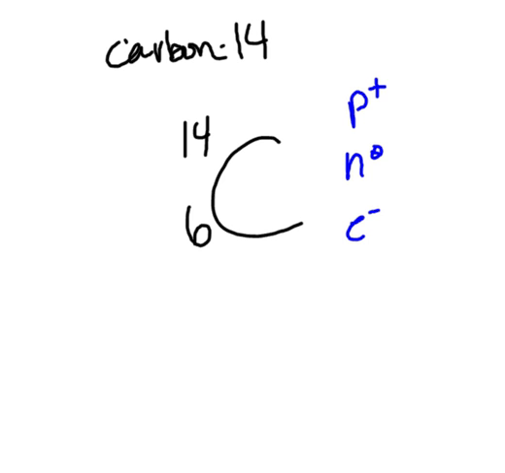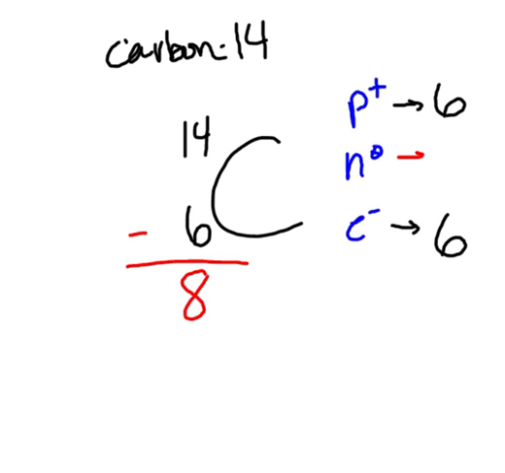All right? So first, electrons and protons are going to be equal because there is a neutral charge. So 6 and 6. But I take 14 minus 6, and I get 8, which means, because remember, this is A, and this is Z. So A minus Z equals number of neutrons. All right, 8.